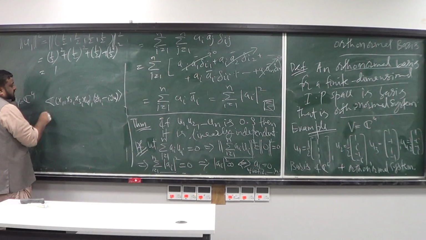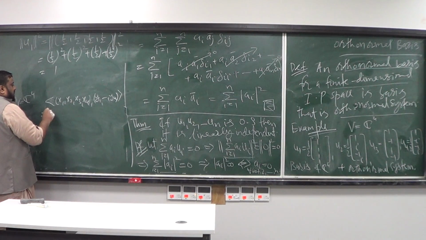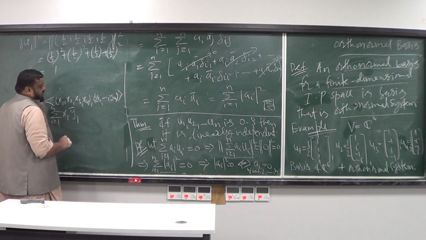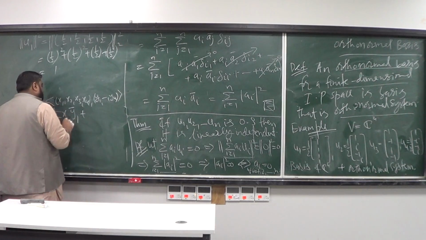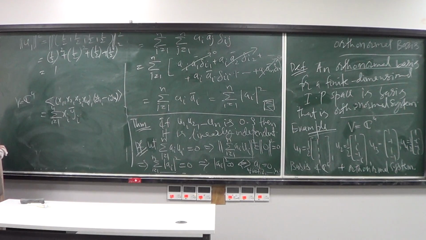The inner product on C4 is the sum from i equal to 1 to 4 of xi and yi bar. So this would be the inner product on C4. Using this inner product, the magnitude is simply going to be this.